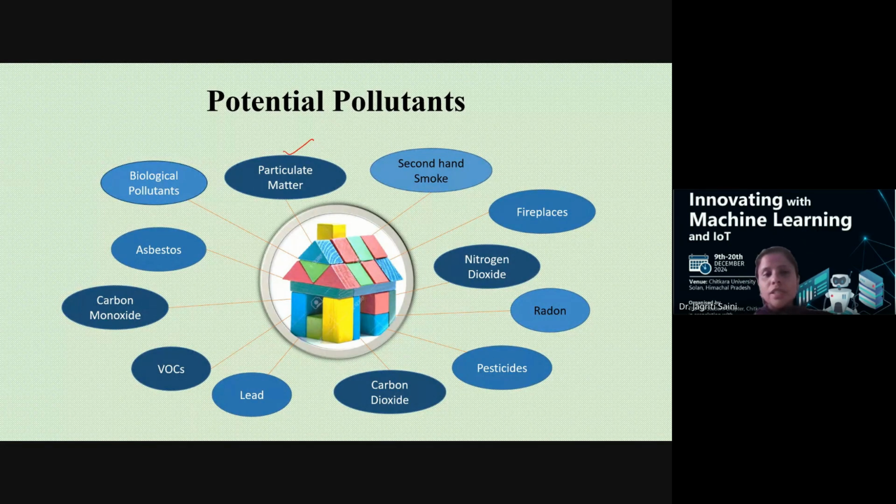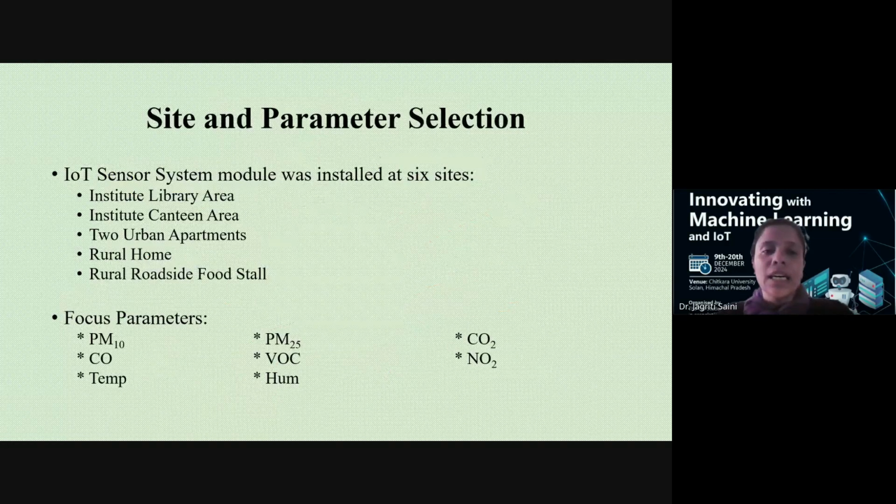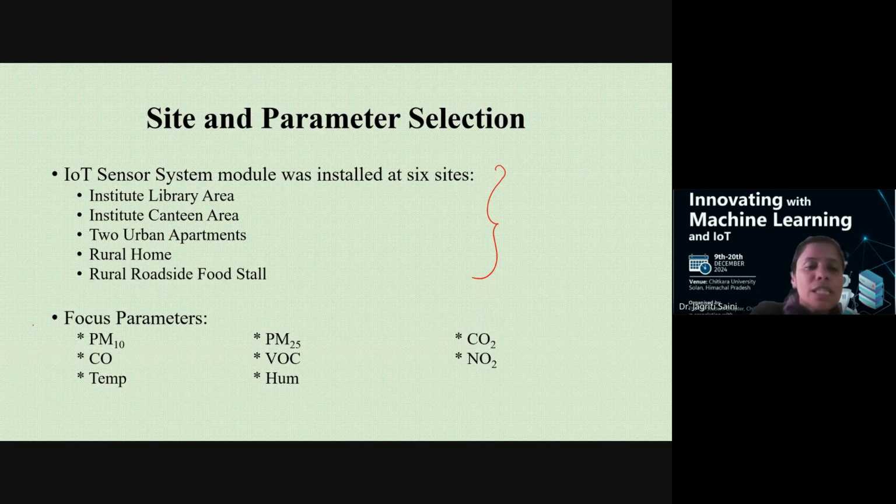For this, we segregated our installation sites as well as the focus parameters. During this case study, we implemented the sensors in 5-6 different areas that definitely included all four states I have discussed. The focus parameters we decided included PM10 and PM2.5, which are basically your dust parameters.